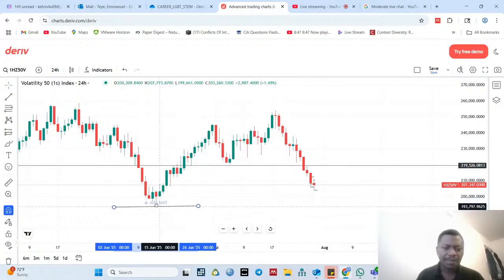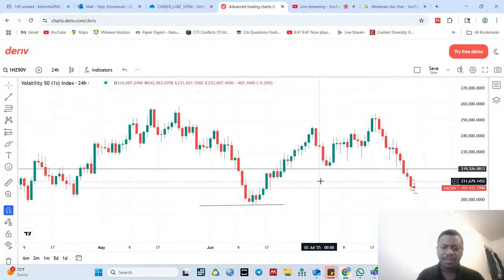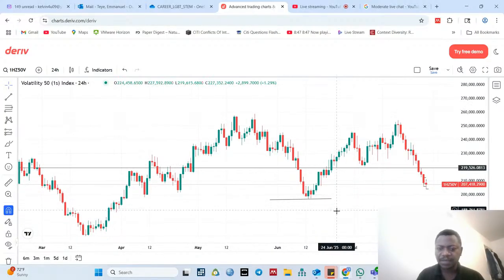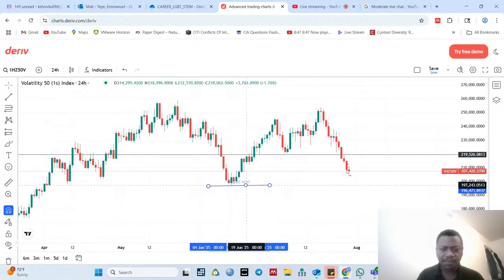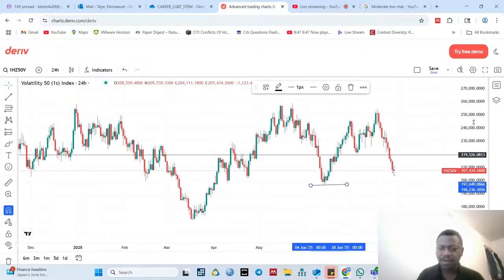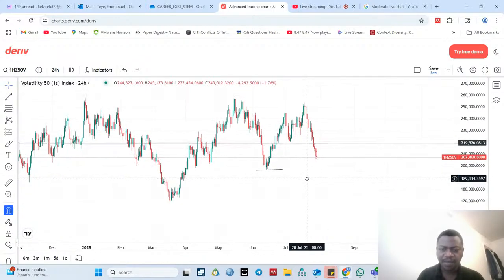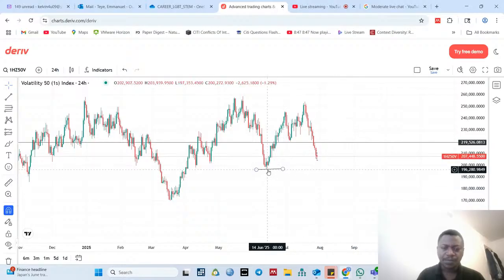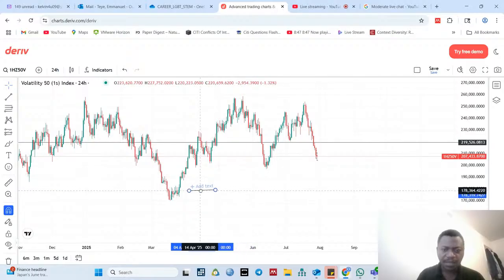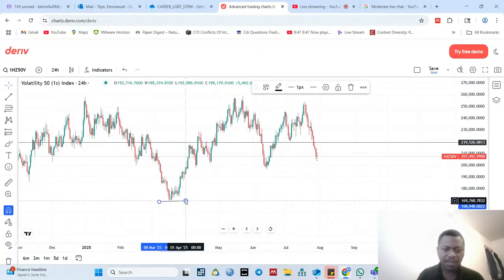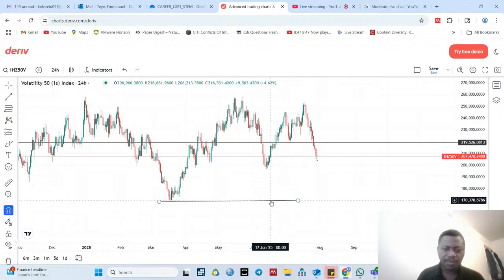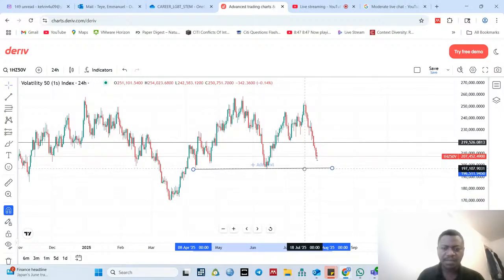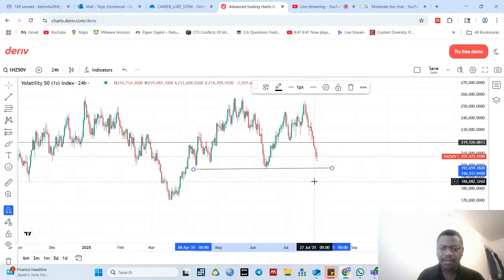So technically I believe that it is trying to draw into the liquidity that is resting below these lows. I think that's where price is drawing to from the immediate higher time frame perspective, because aside from this, the only low we have is this point. This is the immediate low point that price can draw to.